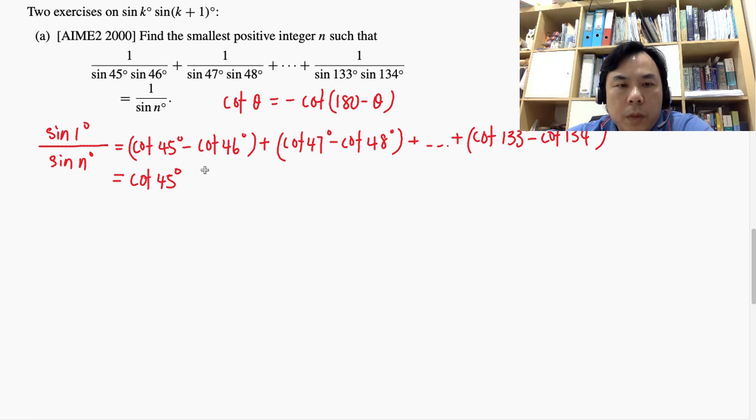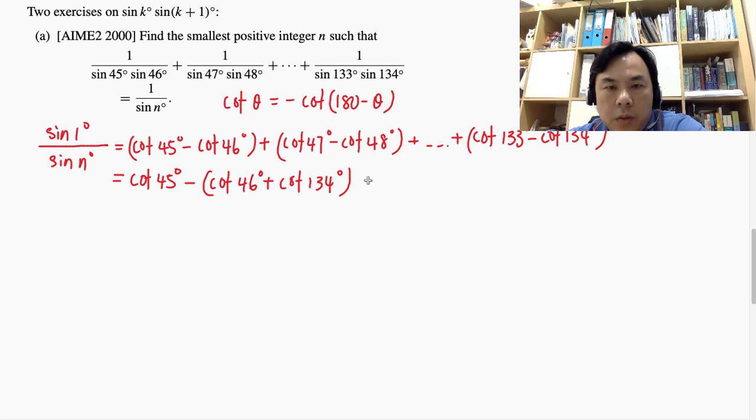So from here we can see that we can combine 46 degree with cotangent 134. So the sum of this angle must be 180 degree.